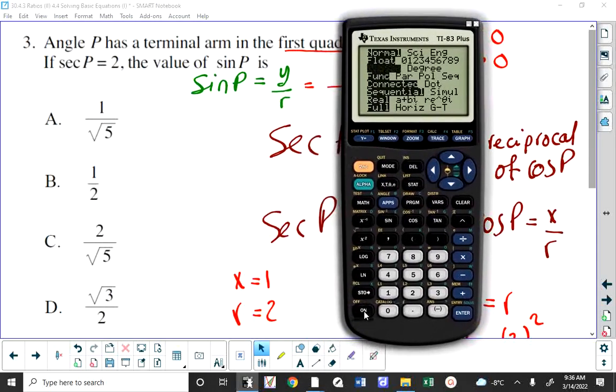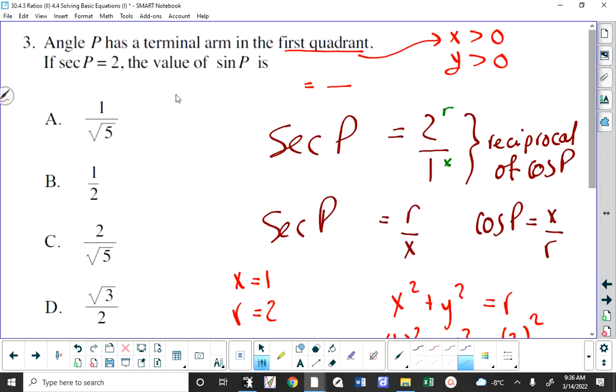If secant of angle P is 2, that means that cosine of angle P is 1 over 2. And this thing that I've circled is equivalent, everybody, to all of this thinking that I did on the right-hand side about r and x being reciprocated relative to each other from secant to cosine.